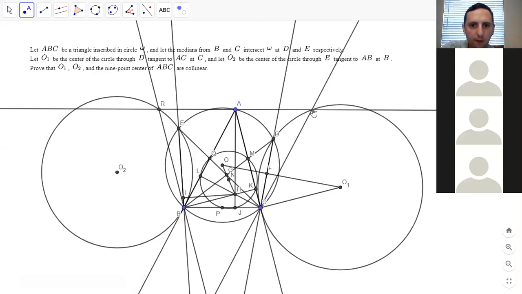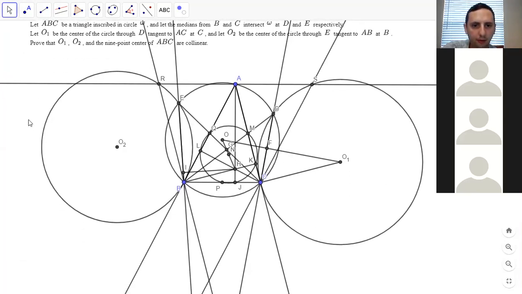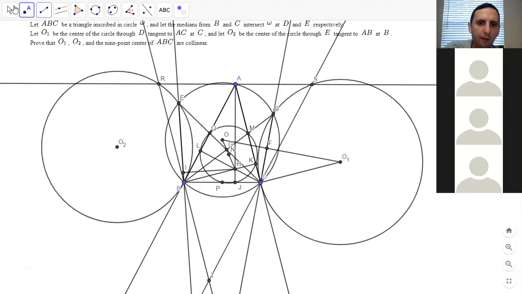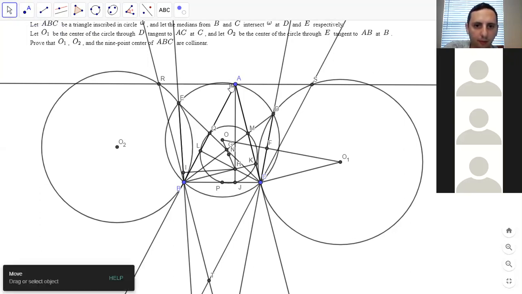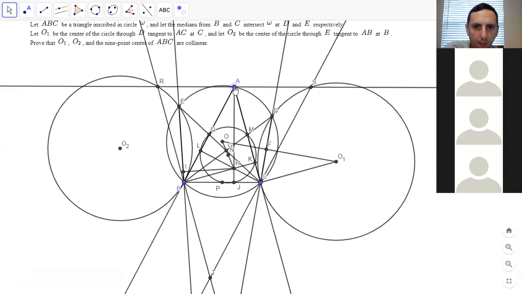So triangle R, S, and then I could call it T. So H would be the circumcenter of RST. So RST is twice the size of ABC. And then H is the circumcenter of RST. I don't know if this is actually going to work, but it's just an idea. And R and S lie on those two circles, so maybe that would help.